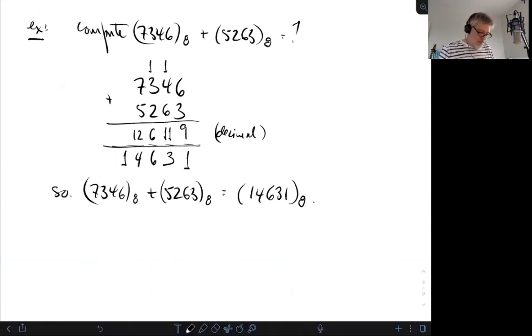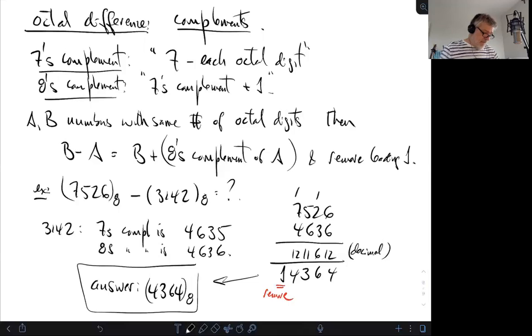But if I'm subtracting, then the trick with the complement adds this extra one, which is not there. In the algorithm to compute the difference, this has to be removed. Okay, I understand. Thanks. Okay. Good. All right.